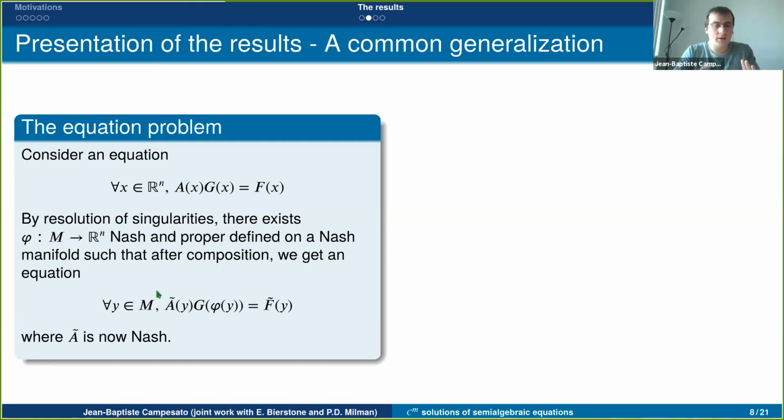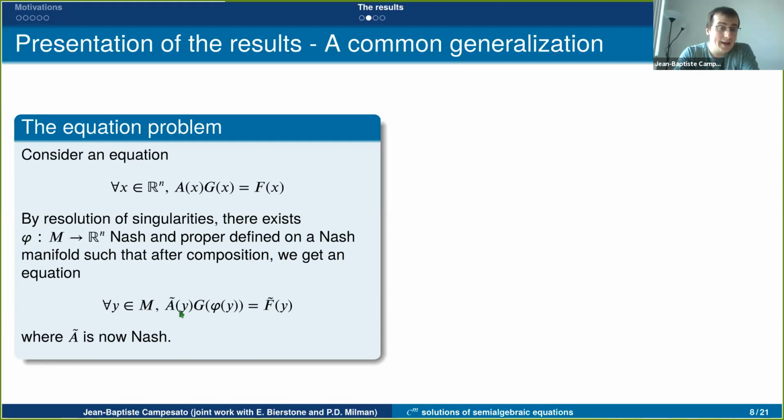So on the one hand, this question is simpler because A tilde is not only semi-algebraic, but it is also real analytic. So we have some additional rigidity on it.